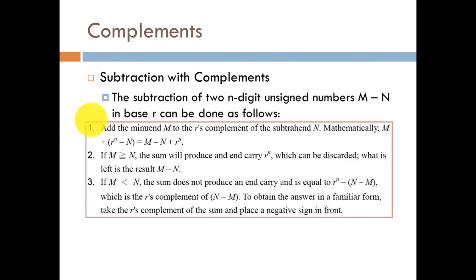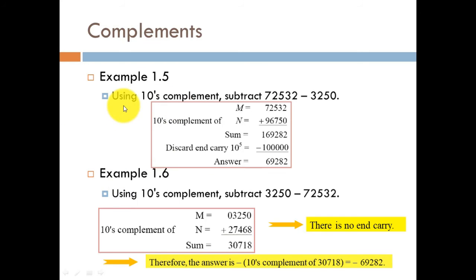In our example, using tens complement, we need to perform the subtraction 72532 minus 3250. As we already said, complements represent negative numbers.